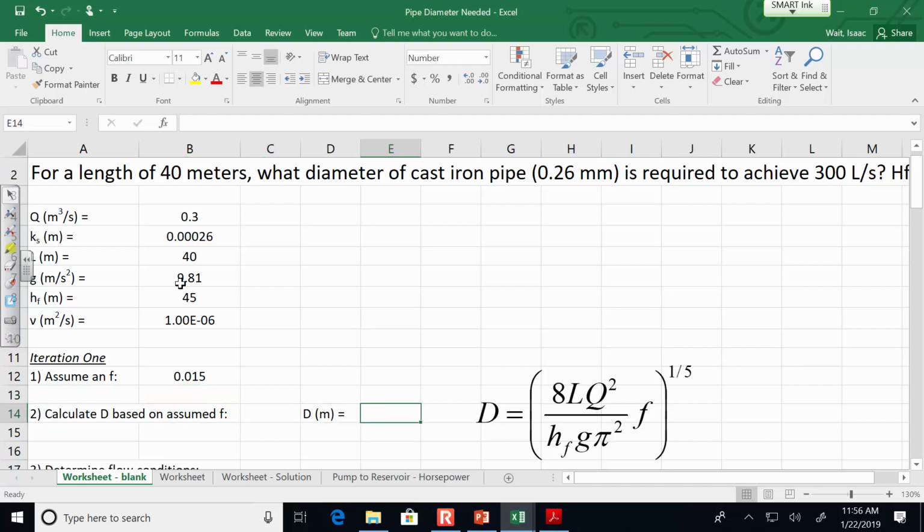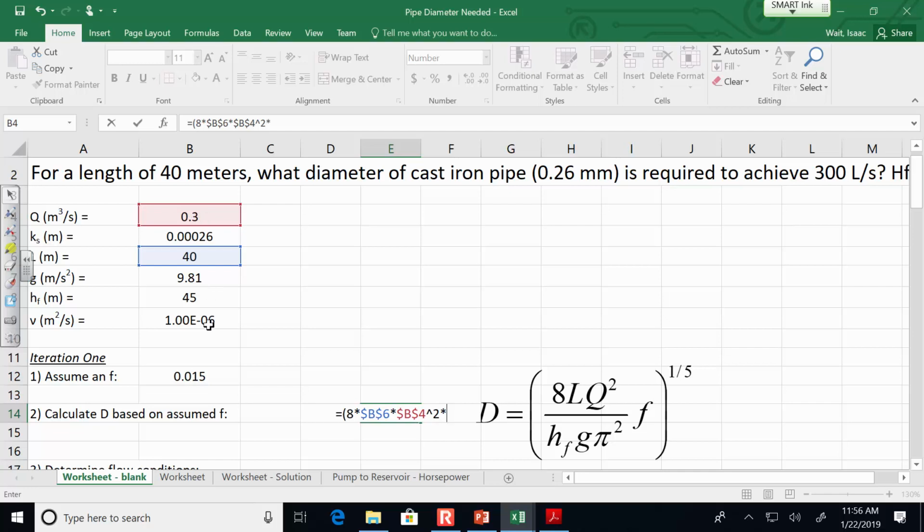All right, so now we calculate the diameter based on that. So it equals 8 times the length, and I'm going to anchor that reference, times the flow rate squared. Anchor that and square it.